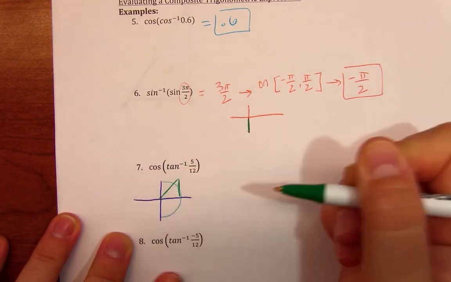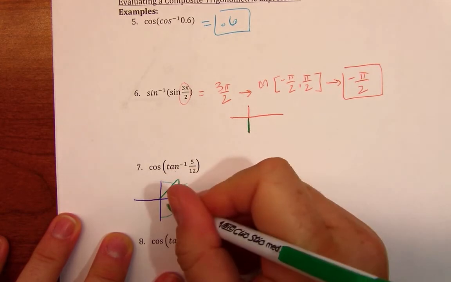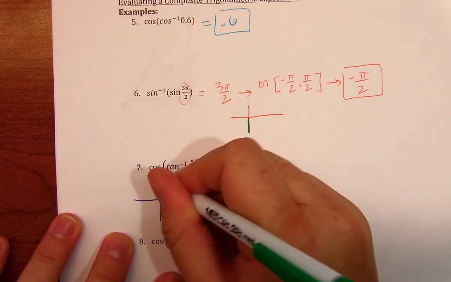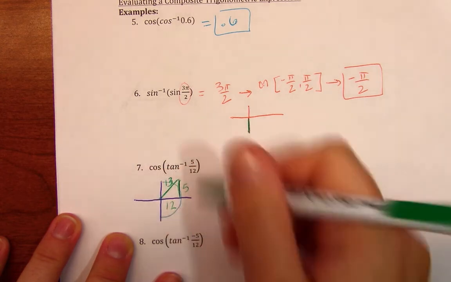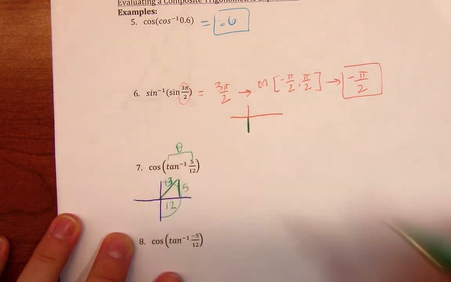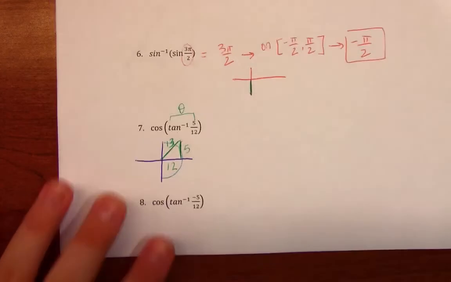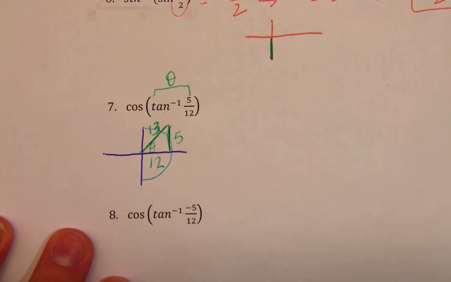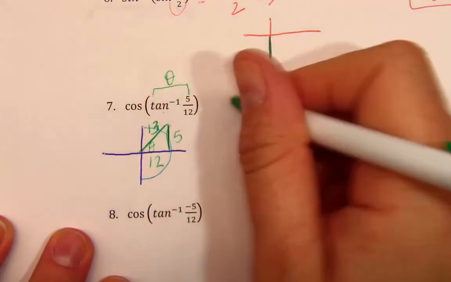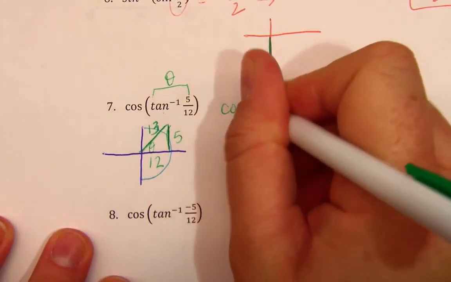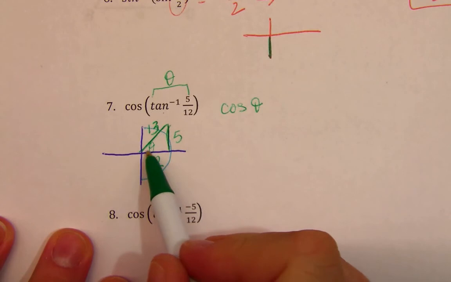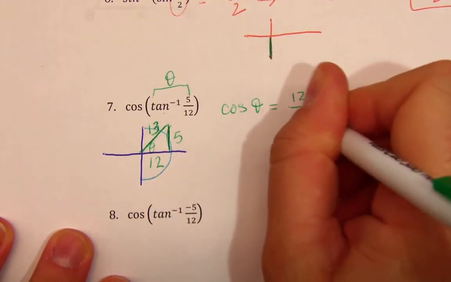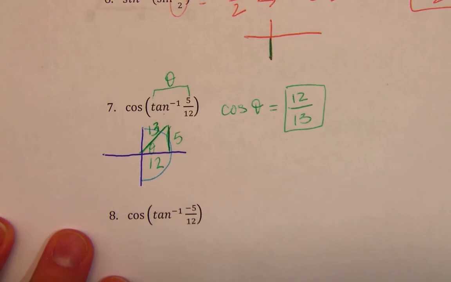And so we have some angle where the opposite side is 5, the adjacent side is 12, and using the Pythagorean theorem, I could find my hypotenuse is 13. Now we know the answer to this is going to be some angle theta. We know that our answer will be an angle. Well, let's just put theta in there, okay? So we know that this is going to be theta. So cosine of theta in this given information, well, cosine is adjacent over hypotenuse, and that'll be our answer.